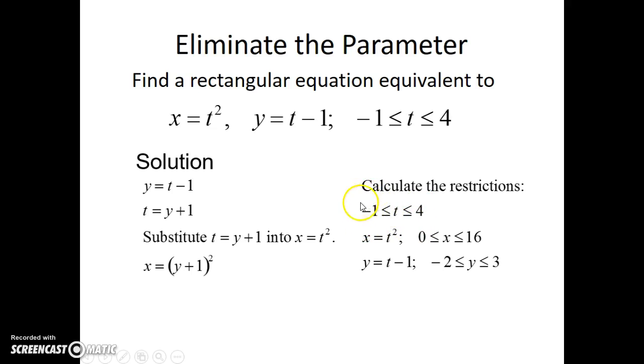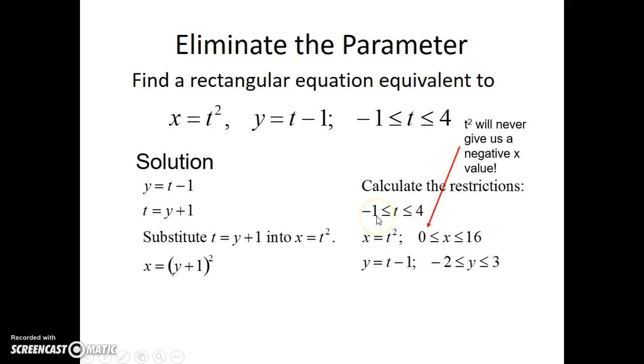But here's the problem with putting negative values into this squared function. The reason that this left endpoint is 0 is because I can't put a value into t squared and get a negative value. And there are values of t between 0 and +1 that need to be included in my x domain.